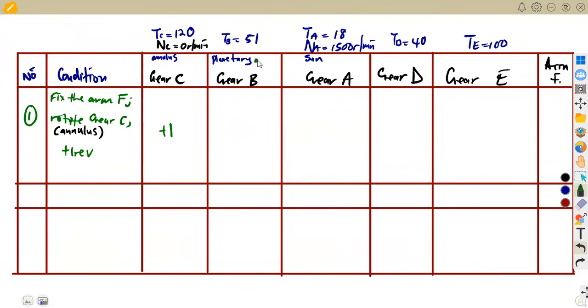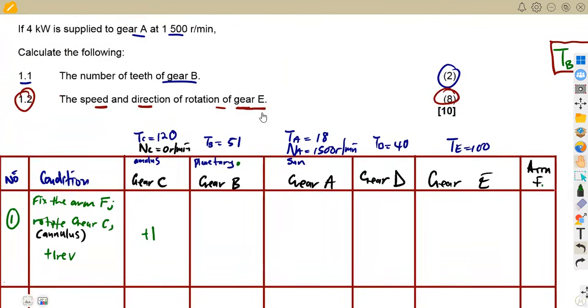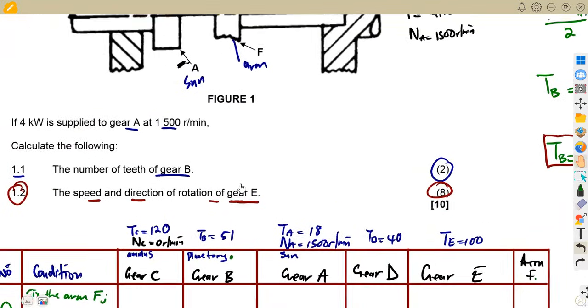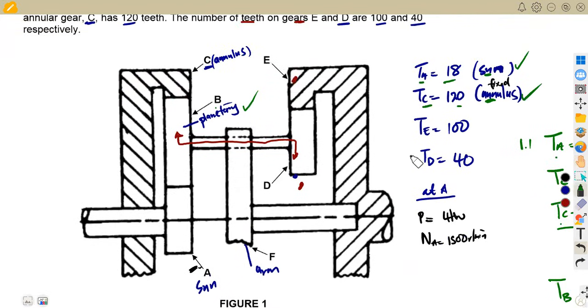Then let's check what's going to happen on the planet. Remember, the planet is going to drive the annulus in this case. This is where we have our planet gear. The annulus and the planet go in the same direction, which is clockwise.